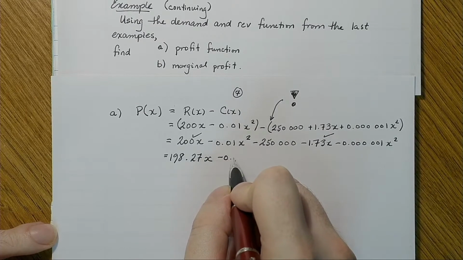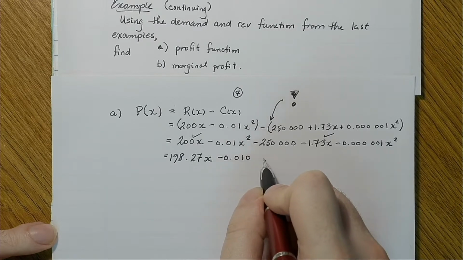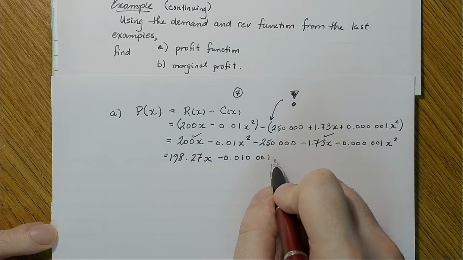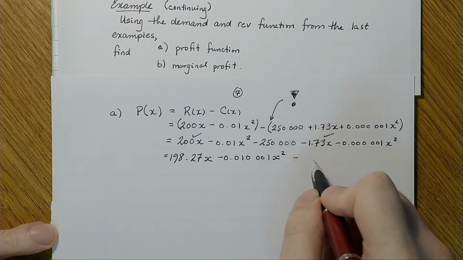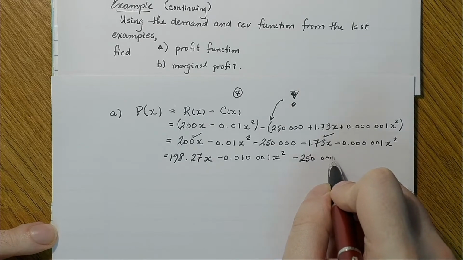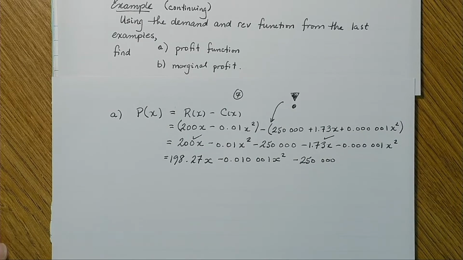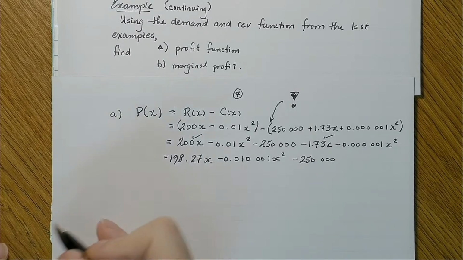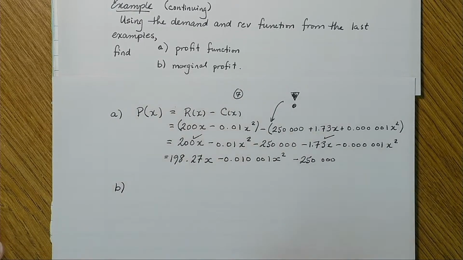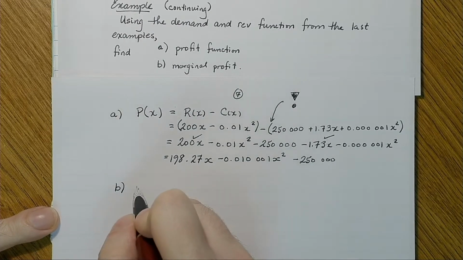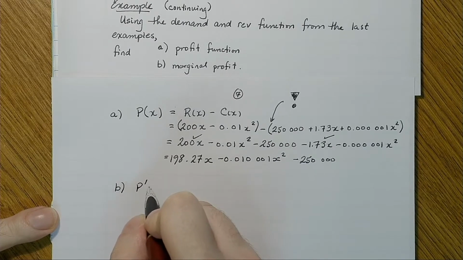So that is just 0.01x squared minus 250,000. Gross, but you know, not too bad yet.